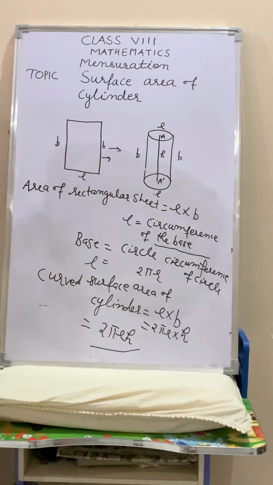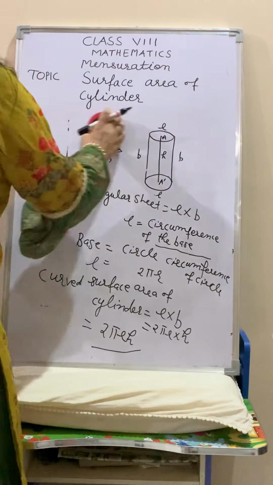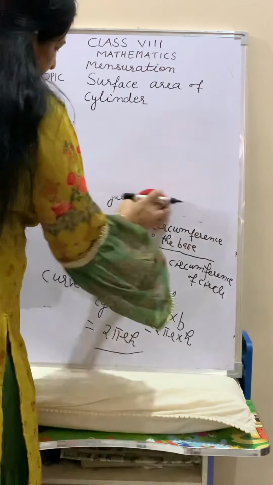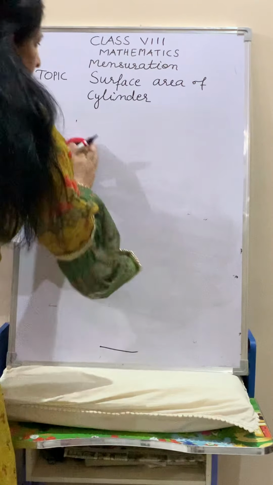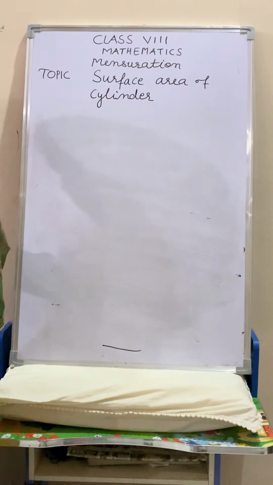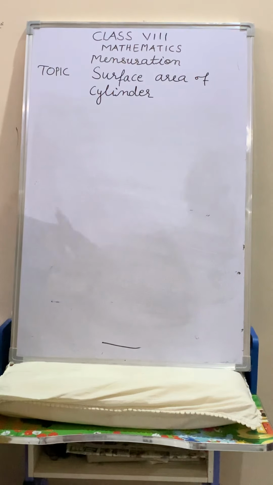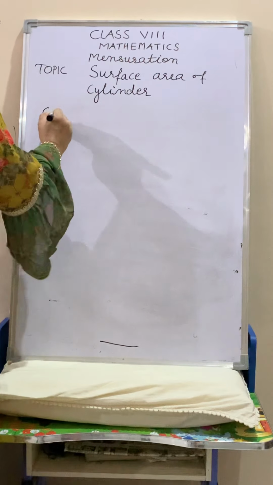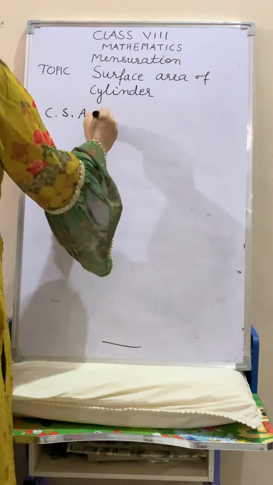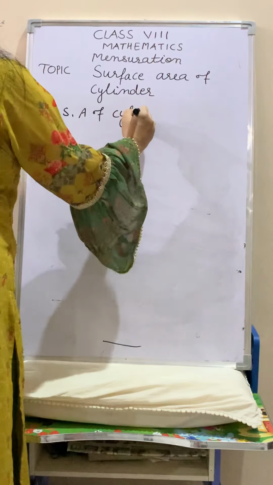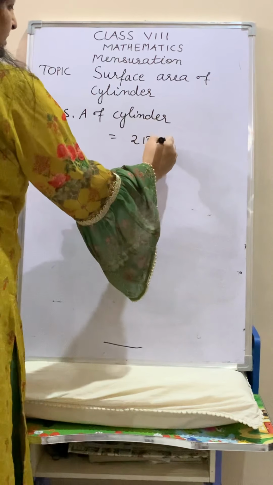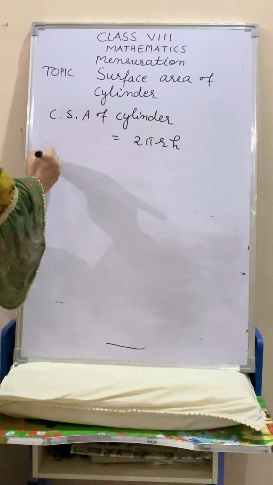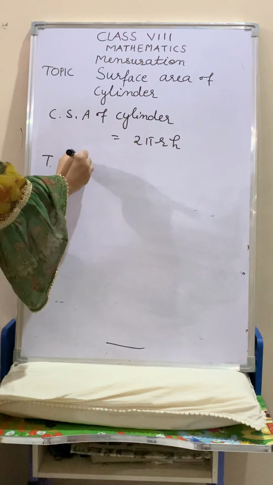Next is the total surface area of cylinder. CSA of cylinder is 2 pi rh. And what is the total surface area of cylinder?